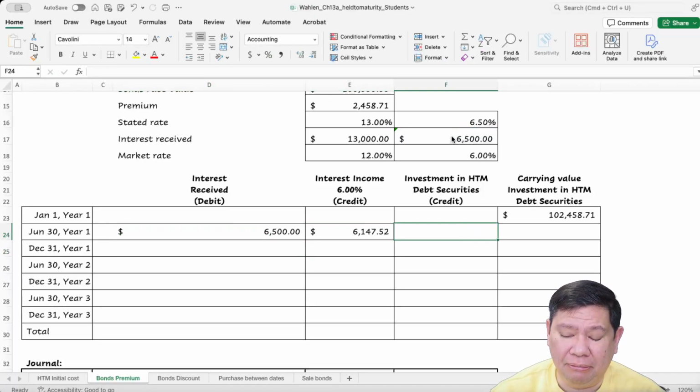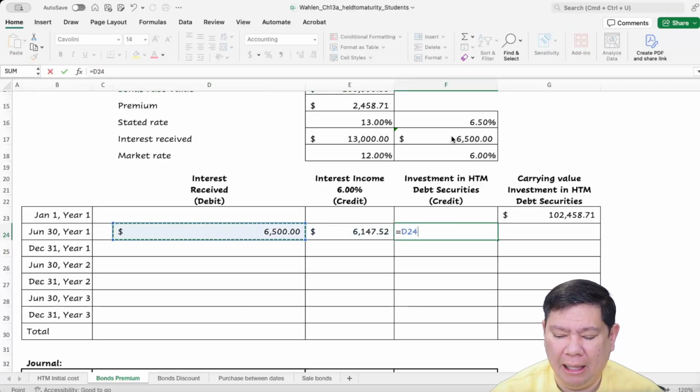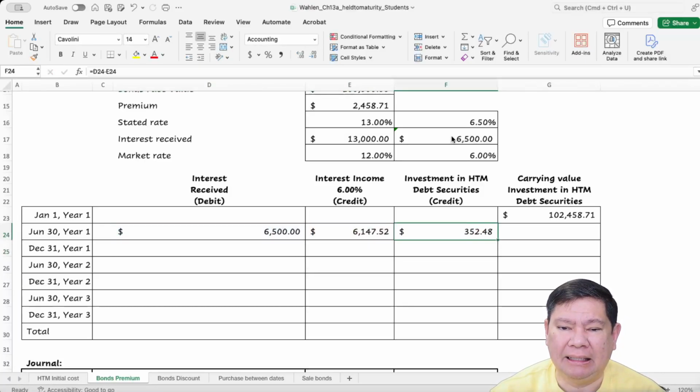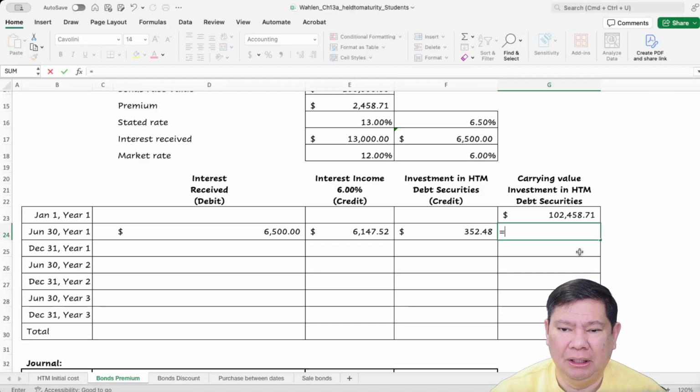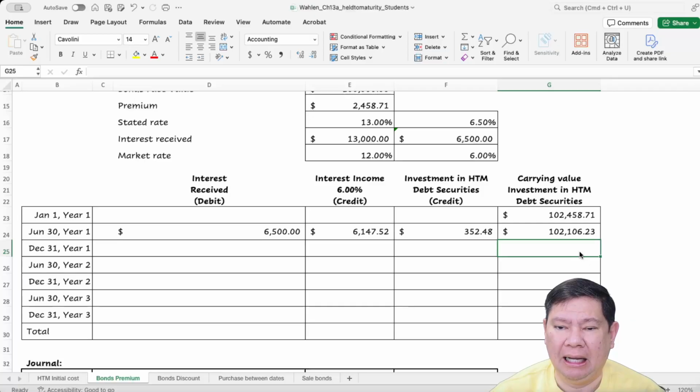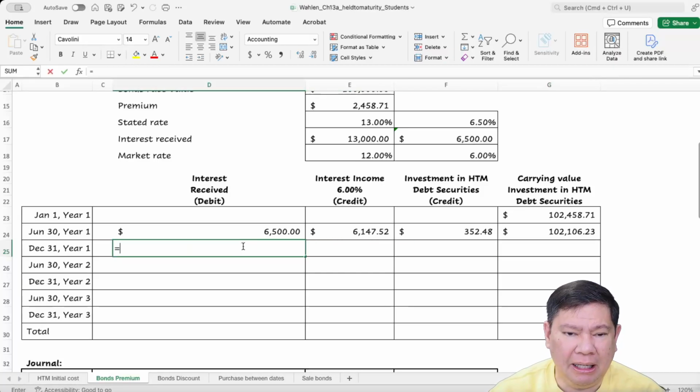So the difference is the amortization of the premium as well as the decrease in the carrying value of the bonds. So the bonds will go down by 352.48 in the first 6 months, to 102,106.23.